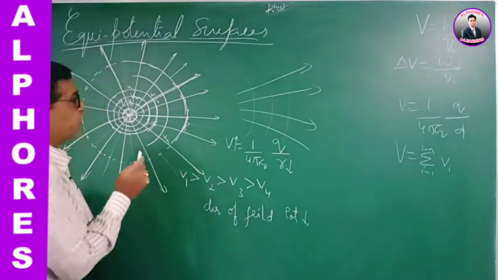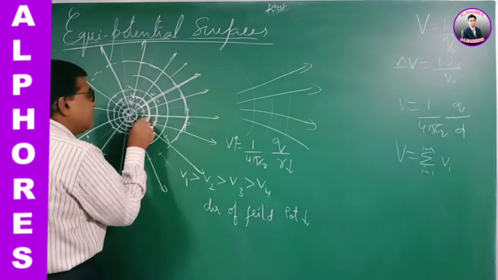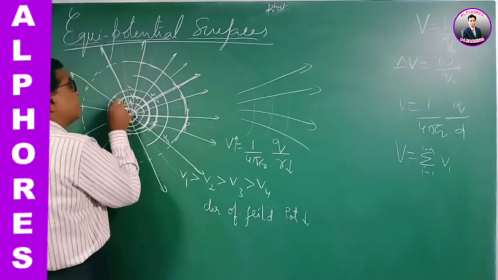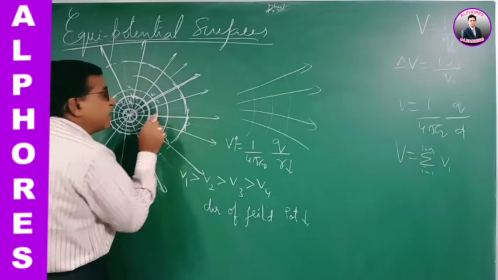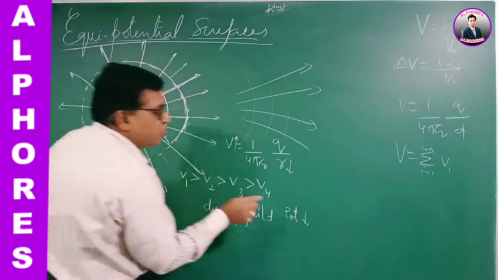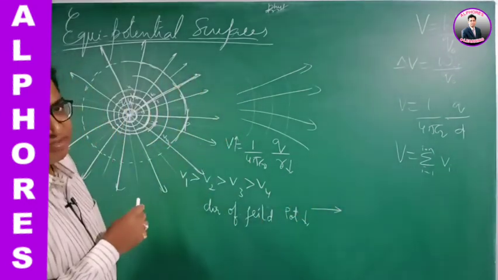You see, when I move from one point to another along this path, the potential is the same. But when I move from one point to another in the direction of the line of force, the potential reduces.